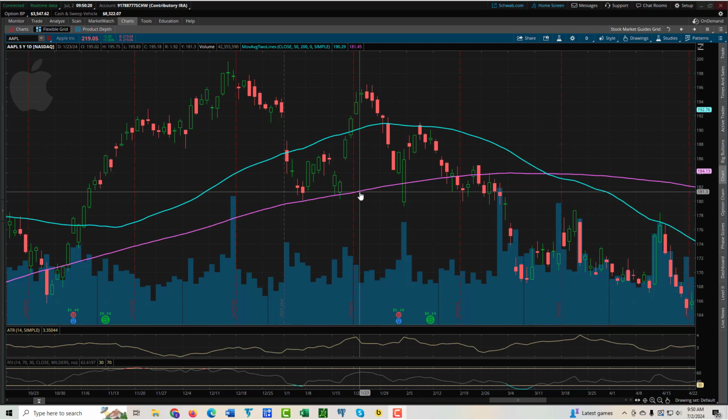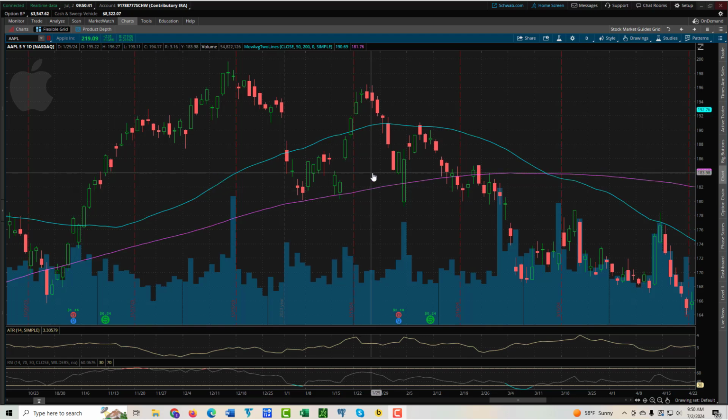The 50-period moving average is considered the faster one, meaning it reflects more recent price activity, since it's only looking at the last 50 days, relative to the 200-period moving average, which is inclusive of almost an entire year's worth of price activity. It's measuring in trading days, so 50 trading days for the 50-period and 200 trading days for the 200. So a death cross is what happens when the 50-period moving average crosses under the 200-period moving average.